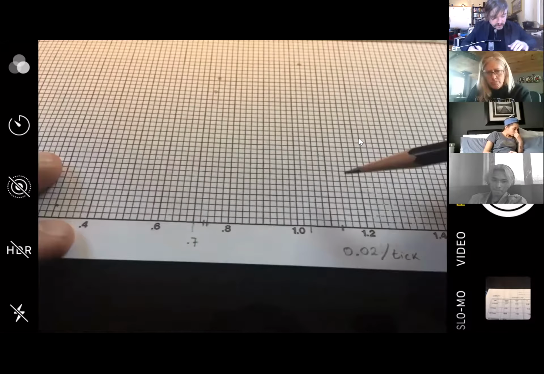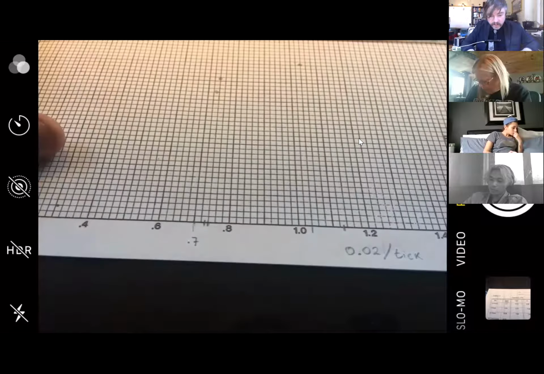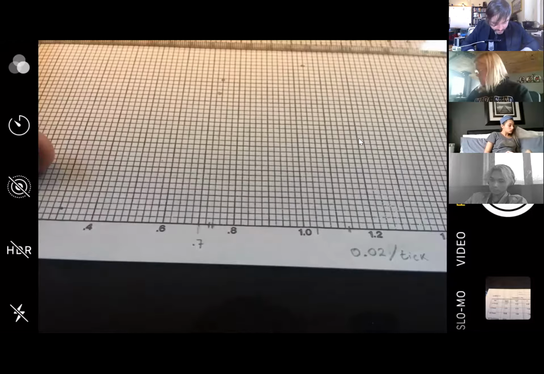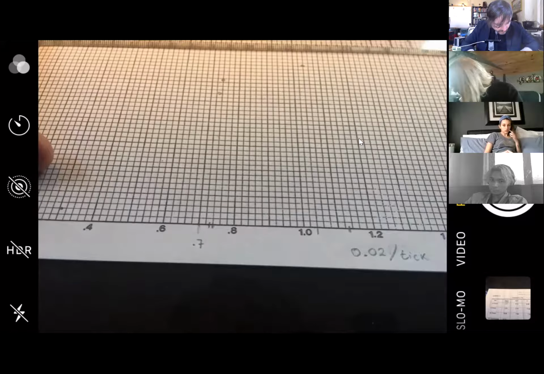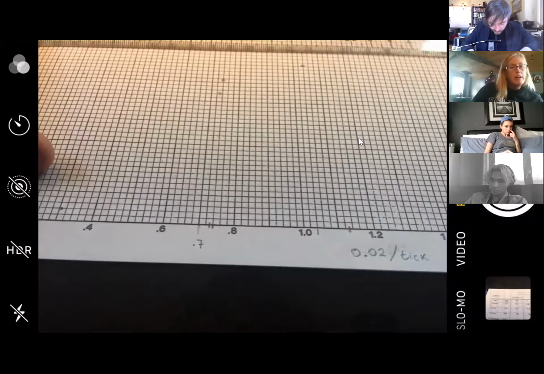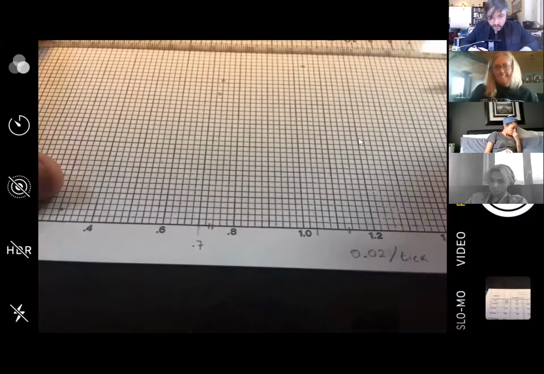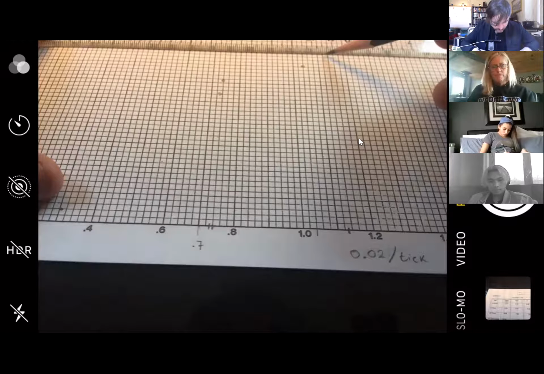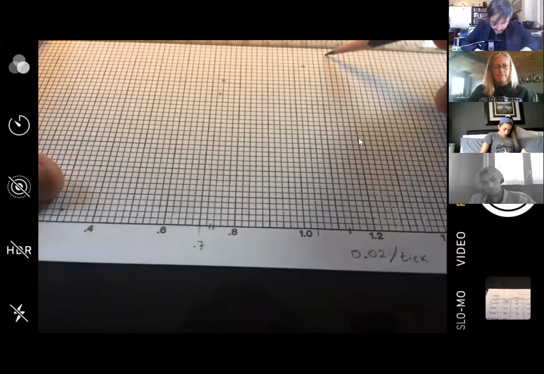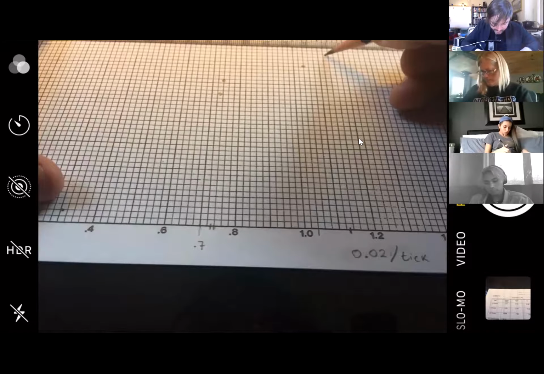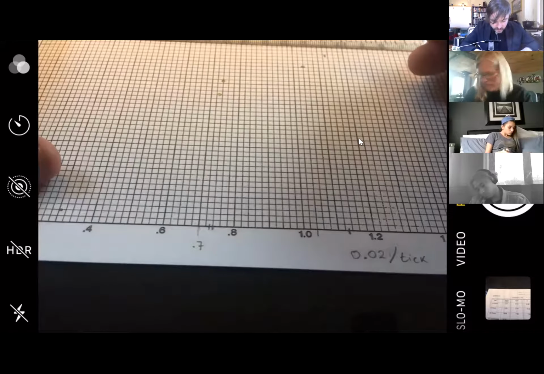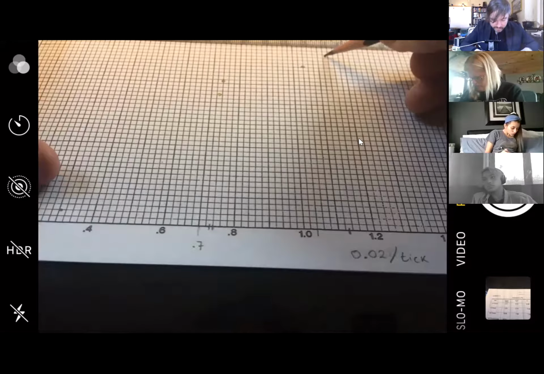Okay, so 1.13 matches up with negative 4.88. Here's negative 5. Here's negative 4.9, which is just above negative 4.88. So I'm going to go 1.13, and put it just below negative 4.9. Yeah, exactly.